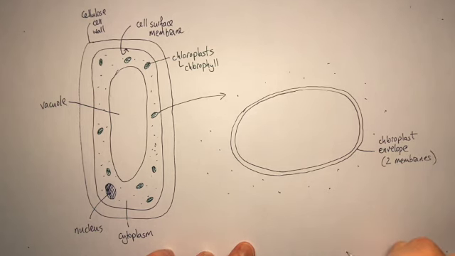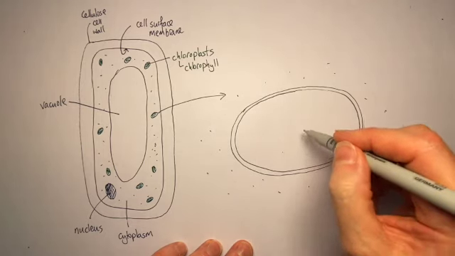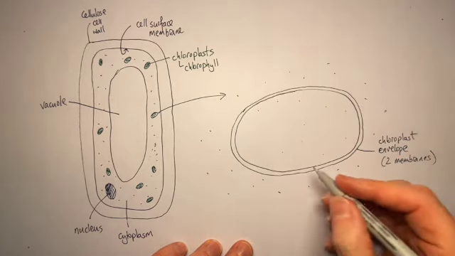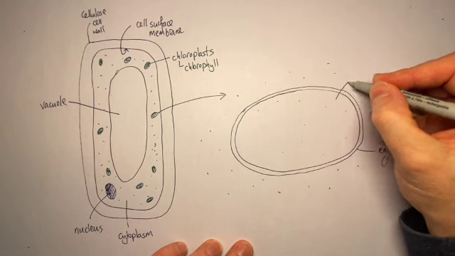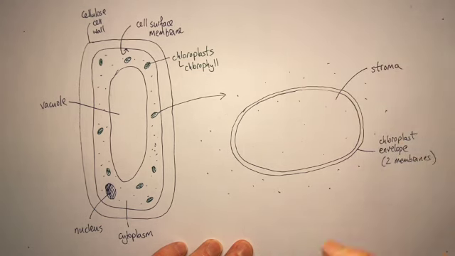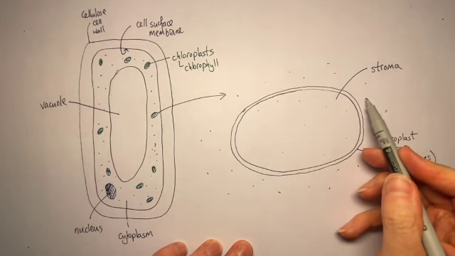Outer and inner membrane. Inside the chloroplasts is a liquid, and that liquid in some ways is similar to cytoplasm but isn't. It is different, so we call that liquid the stroma. Do not get that confused with cytoplasm, which is outside.